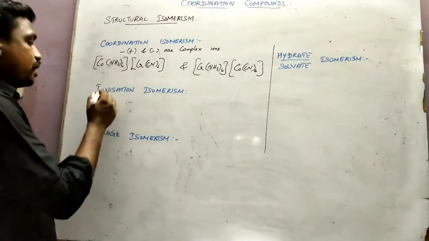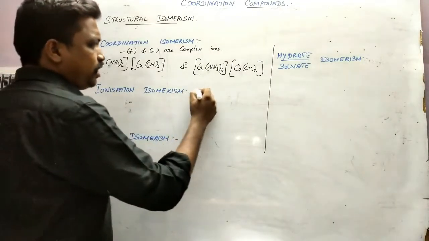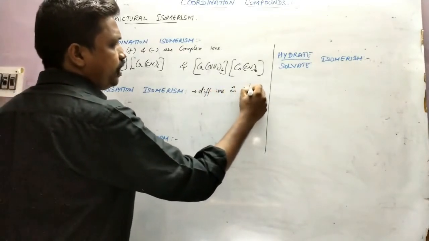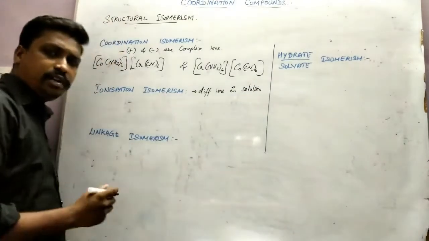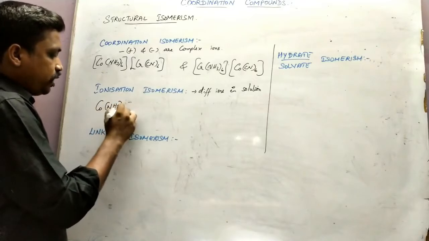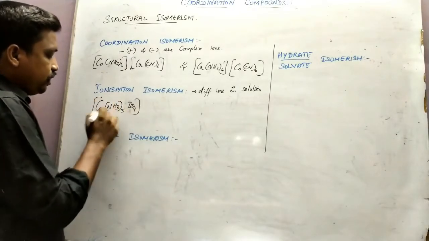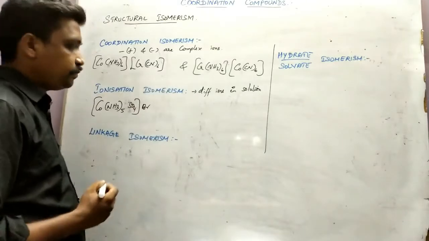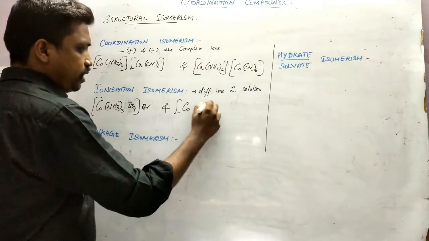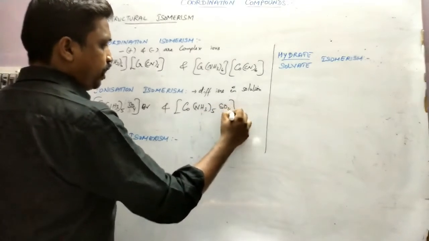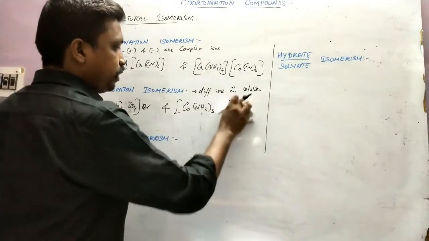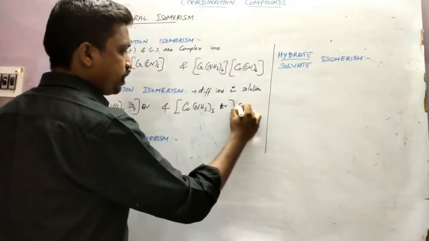Then, coming to ionization isomerism: they form different ions in solution. When dissolved, they give rise to different ions but have the same formula. See here, cobalt with 5 ammonia molecules and a sulfate, with bromine outside. Its isomer is pentaamine with bromine inside and sulfate outside.